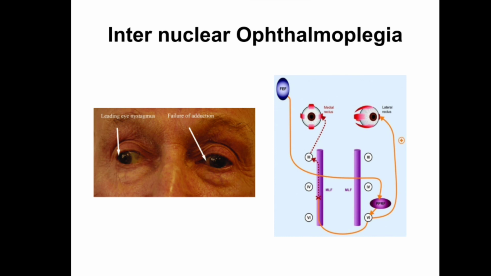So this picture shows that the one side third cranial and the opposite side sixth work together so that horizontal eye movement will be together. If it is affected, one eye may not move to one side. So abduction of one eye won't happen if there is involvement of the MLF. This localizes the lesion to the brainstem, midbrain.